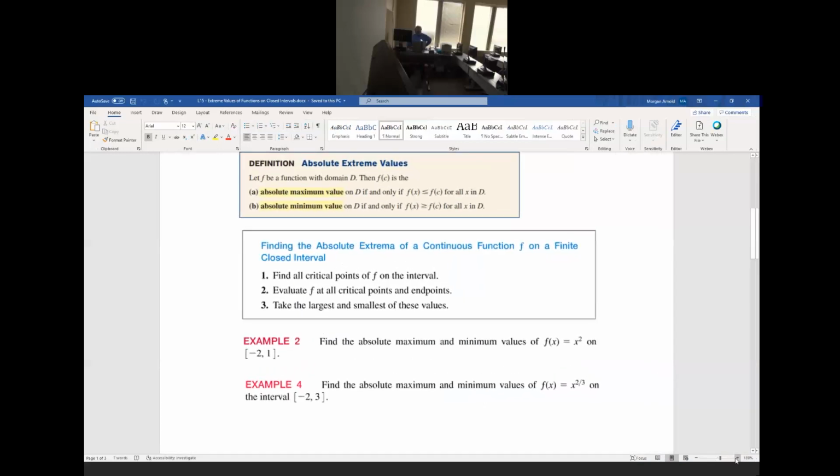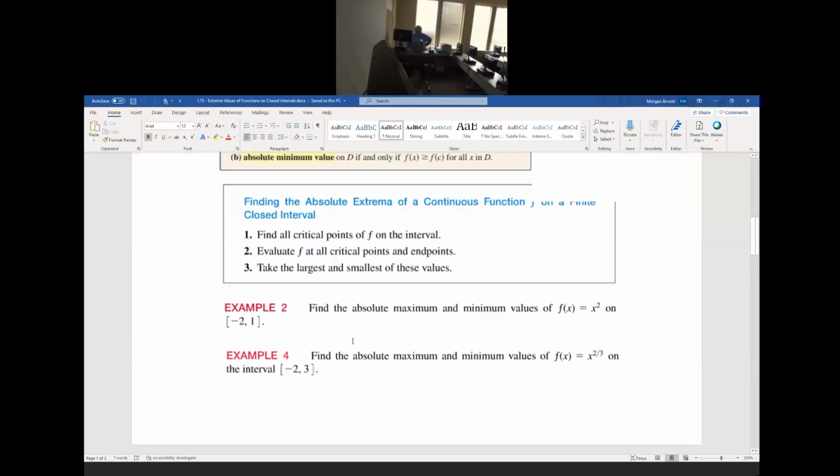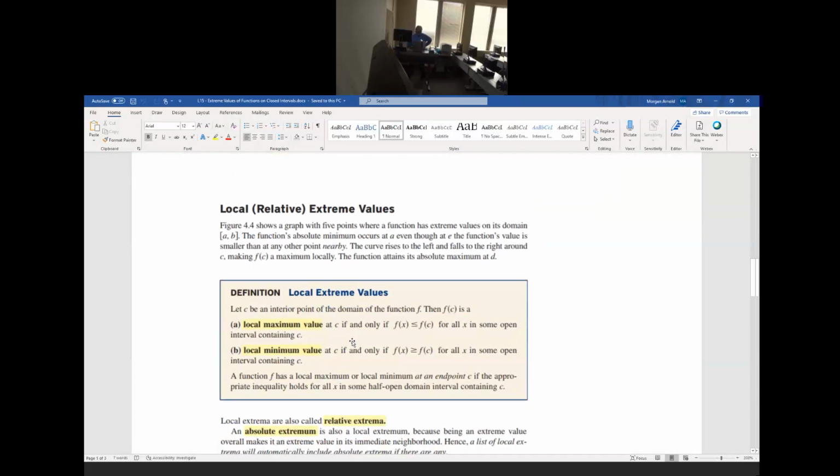Okay, let me zoom in so y'all can see better. Okay, there are extreme values known as local or relative extreme values, or local or relative extrema with an A.